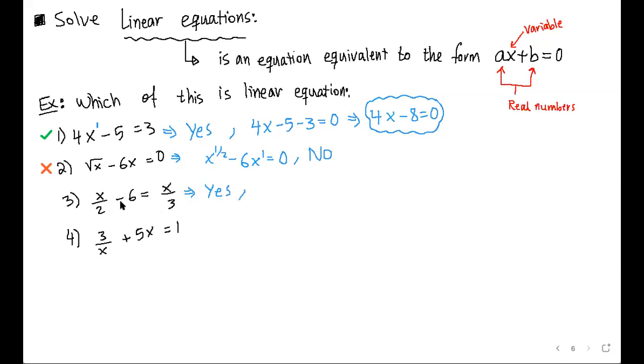Also, I can make this equation equivalent to something like ax plus b equals 0. If I subtract x over 3 from both sides, I get x over 2 minus x over 3 minus 6 equals 0. Now we can combine these two terms: 1 over 2 minus 1 over 3 times x minus 6 equals 0.